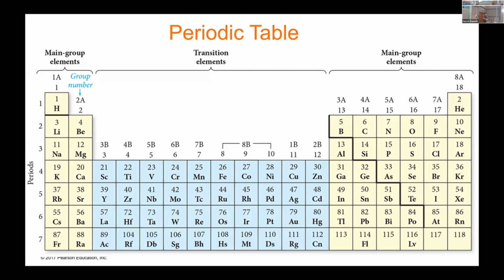So the halogens need to gain one electron to get to a noble gas configuration. Noble gas configuration is when they're kind of happy.